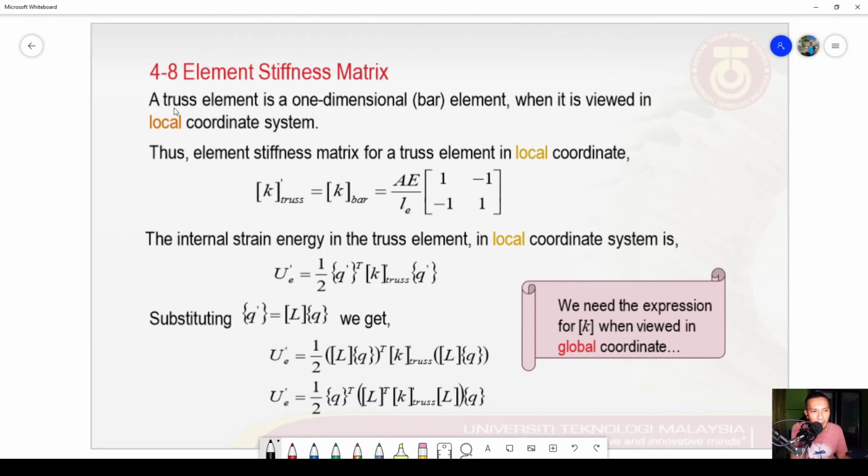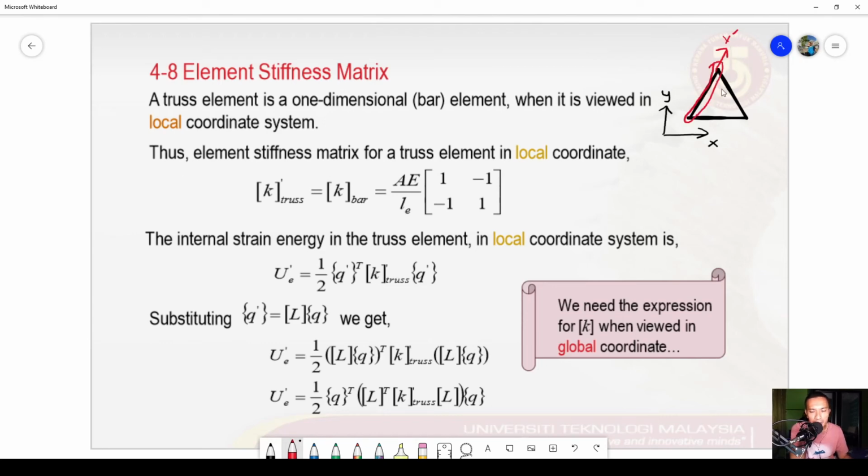So a truss element is a one-dimensional bar element when it is viewed in the local coordinate system. So if we remember, one plane truss in this triangle form will be viewed in the global coordinate and also in the local coordinate system x prime.